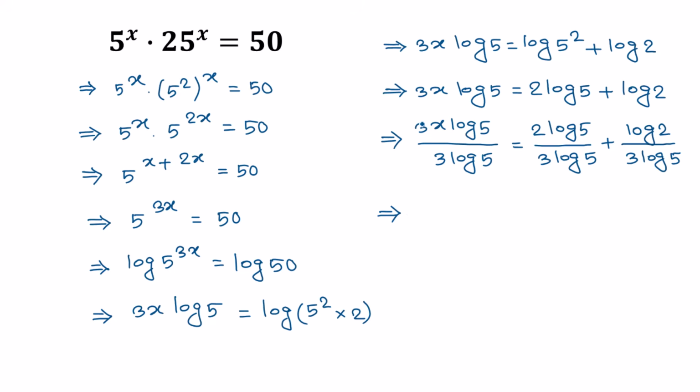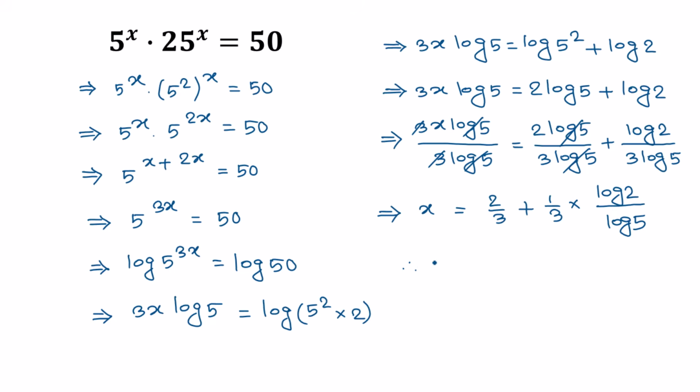Here the 3 and 3 will cancel, and log 5 and log 5 will cancel, and it will be x is equal to 2 over 3 plus 1 over 3 times log of 2 divided by log of 5.